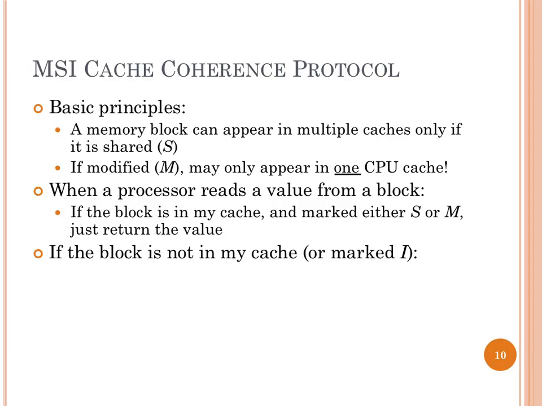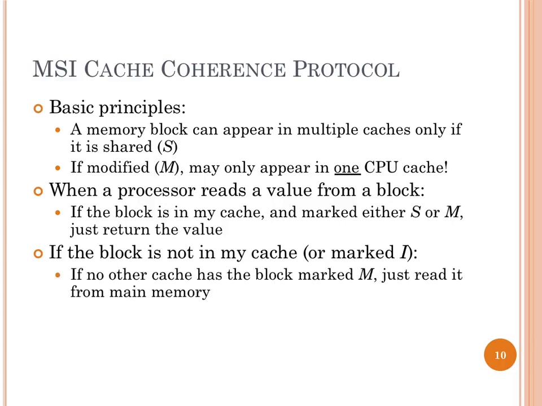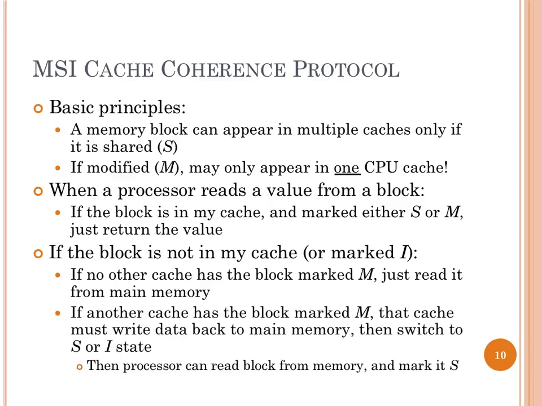And this is where the coherence mechanism has to interact with the other caches. It could be that no other cache has the block modified. If that's the case, then we're really good, because then I can go ahead and read. The caching mechanism can do its thing. It can draw the next block of data from memory into the cache. It can mark it shared, and then the processor will have that data cached. Okay?